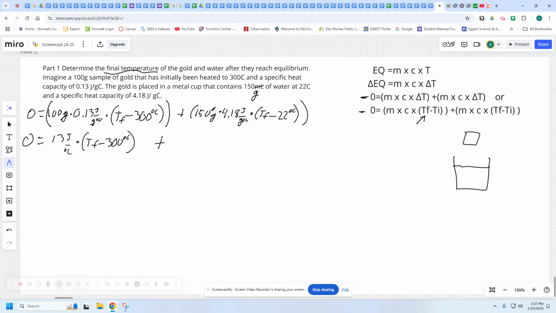And now let's do the 150 times the 4.18. And when I did this, I got approximately 627 joules for every degree Celsius. And then we need to bring down the package of the change in temp.